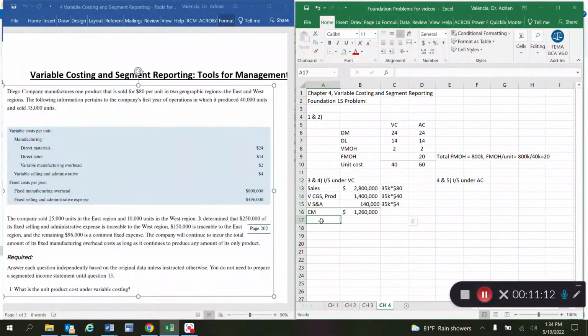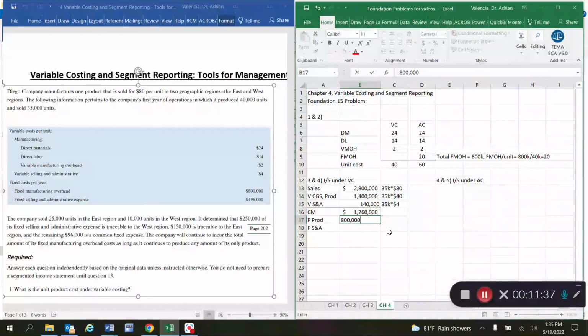So let's go ahead and do fixed product related, and then fixed selling and administrative expenses, non-product related. The way I think about these sometimes is this is product related, this is non-product related. All right, so fixed product related is $800,000. That's given. And then fixed S&A is $496,000, which is also given.